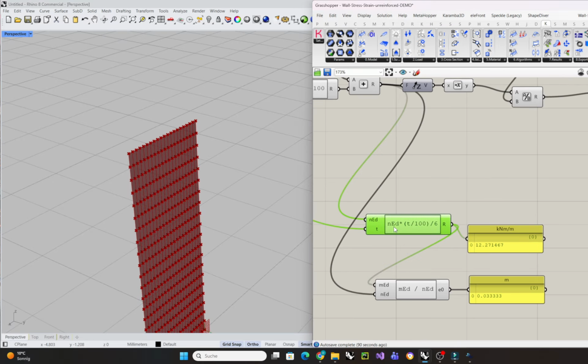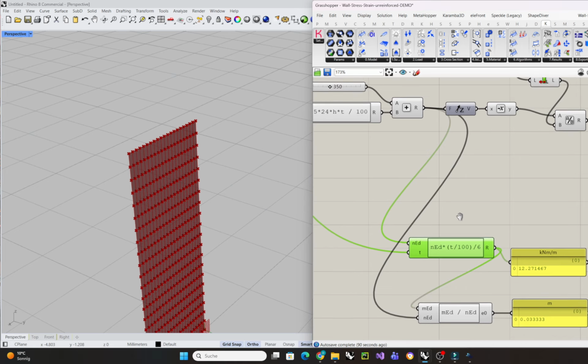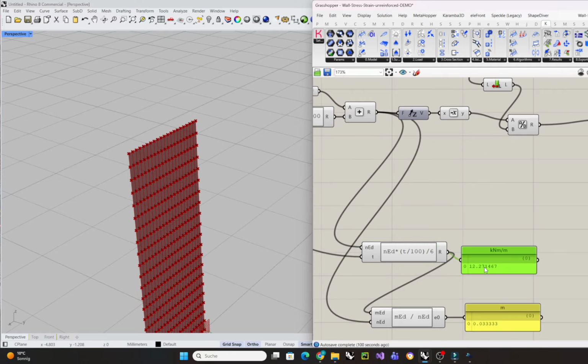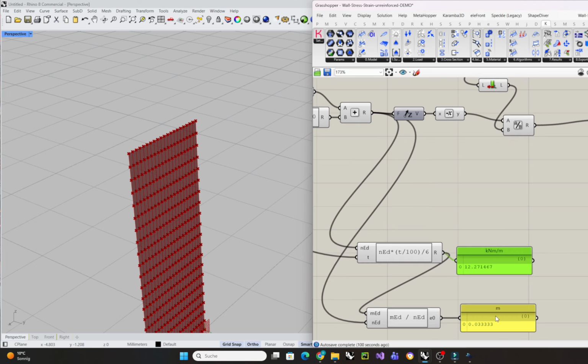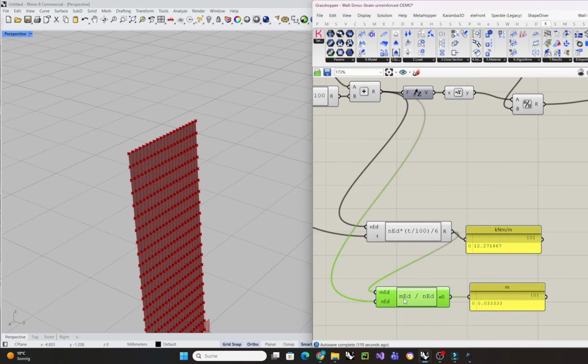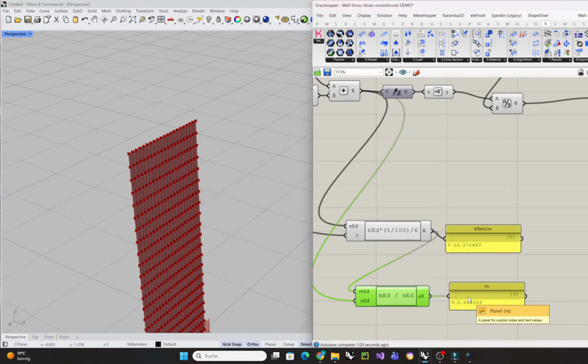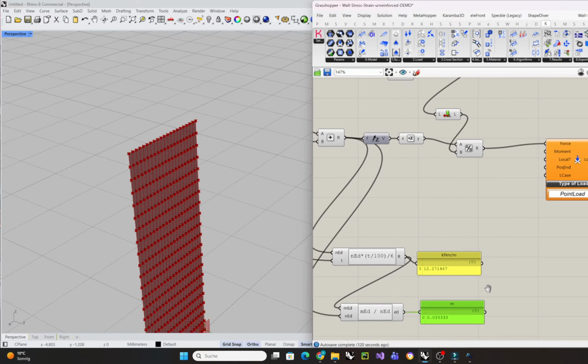And here I've written already the formula. This will be the line load times the thickness of the wall in meters, divided by 6. So I'm getting this moment in kilonewton meter per meter length. And then if I divide the moment by the distributed load, I'm getting the eccentricity in meters.